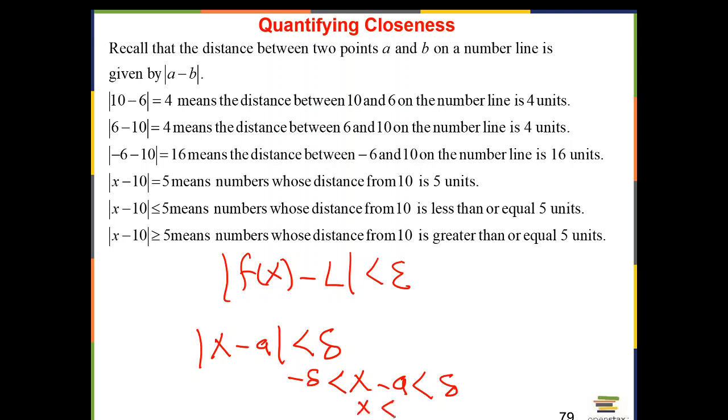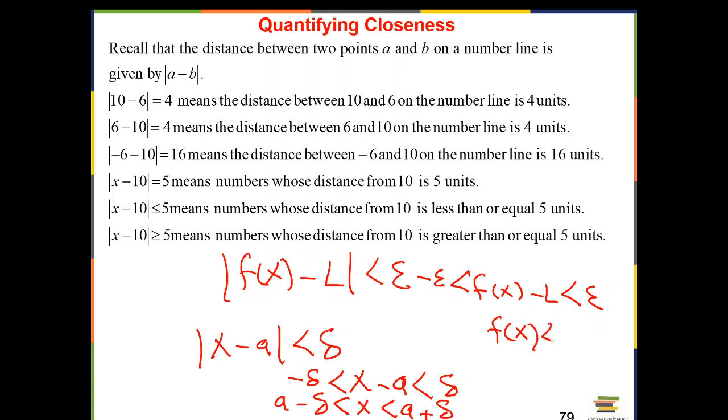And so x is less than a plus delta and greater than a minus delta. Now over here we mean that f of x minus L is between epsilon and negative epsilon. So f of x is between L plus epsilon and L minus epsilon.